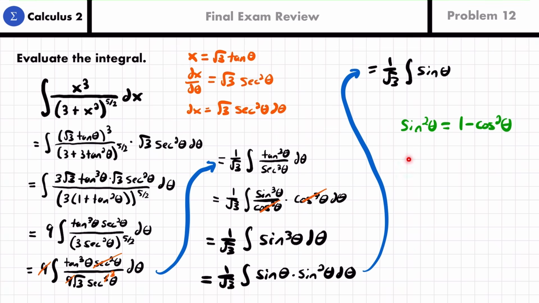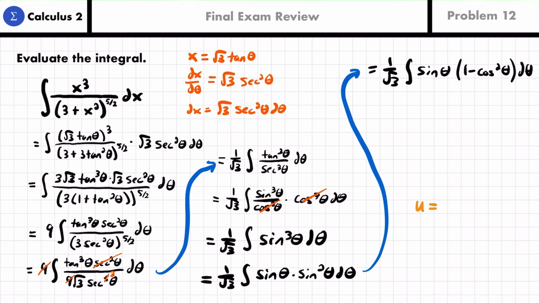So instead of writing sine squared here, I will write 1 minus cosine squared theta, and then multiply that by d theta. Okay? And now we can use u substitution to finally get this integral into a form that we can integrate. If we set u equal to cosine theta, its derivative, which is negative sine, you can find within the integral. Maybe not the negative part, but you can find sine, which is the most important part.